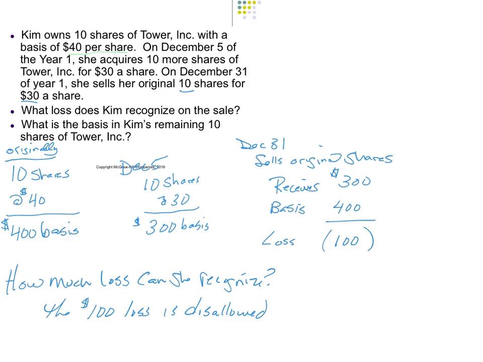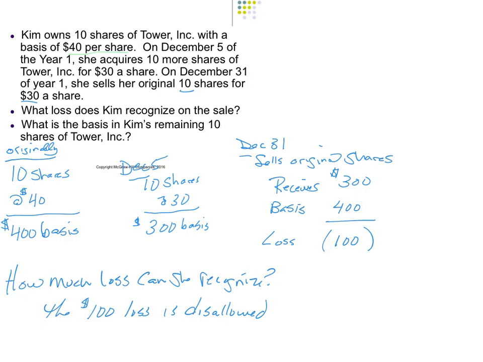Because she bought stock on December 5th, and then sold within that 30 days the same or substantially similar stock at a loss, she cannot take that loss. But what happens to that loss is kind of cool.